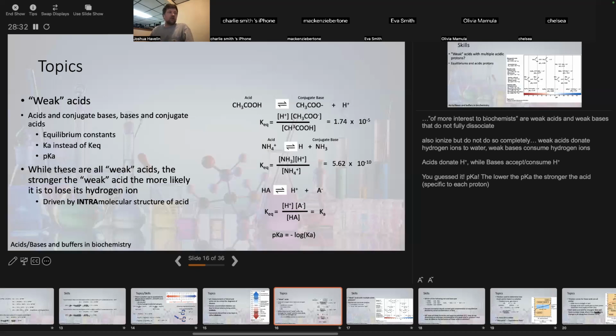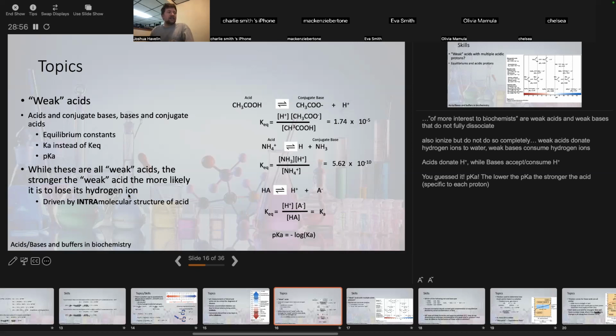So just a note here, I suppose. Even though these are all weak acids, the stronger the weak acid is, the more likely it is to lose its hydrogen ion to solution. So of the two here, acetic acid is the stronger weak acid by almost, I think this is 100,000-fold in strength, more so than ammonium.